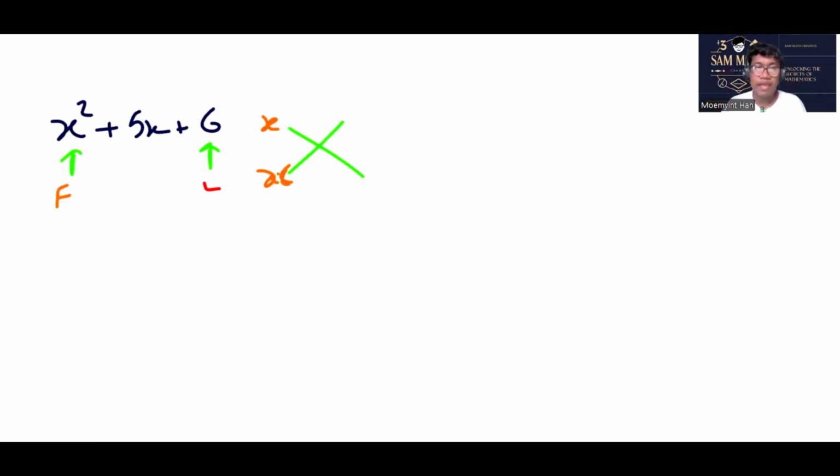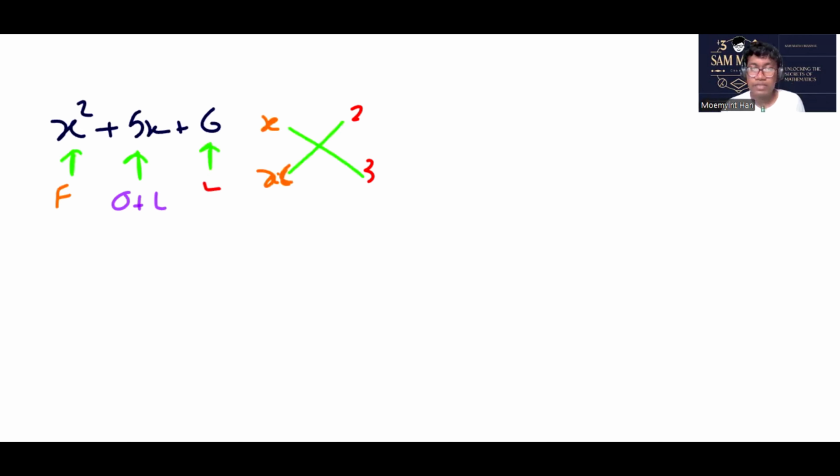Okay, and then we're supposed to think about 2 and 3 first. And then this combination. As I told you earlier, this number is O plus L. It means it should come from the multiplication of outside values and inside values together.